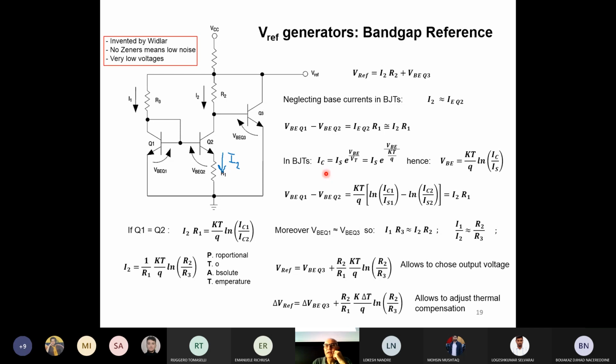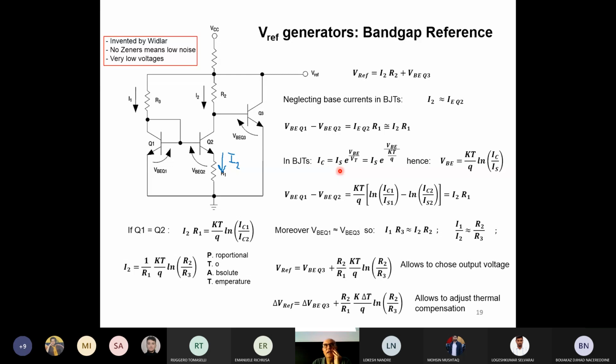What can we do now? We have to remember the constitutive equation for the transistor, for a BJT. In a BJT, the collector current can be expressed as a current IS, that is a very small current, that is a sort of, in the diode it's a reverse current, in the transistor it is called a scaling current.